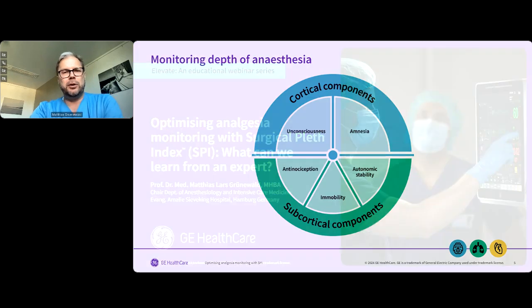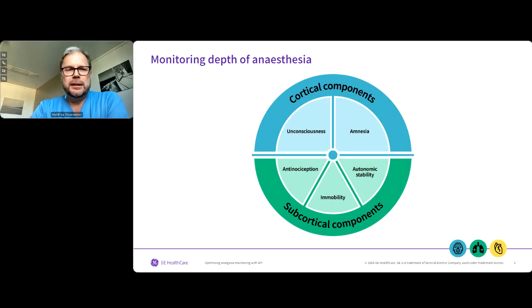The topic we're talking about is depth of anesthesia, and how monitoring depth of anesthesia can change our clinical practice.